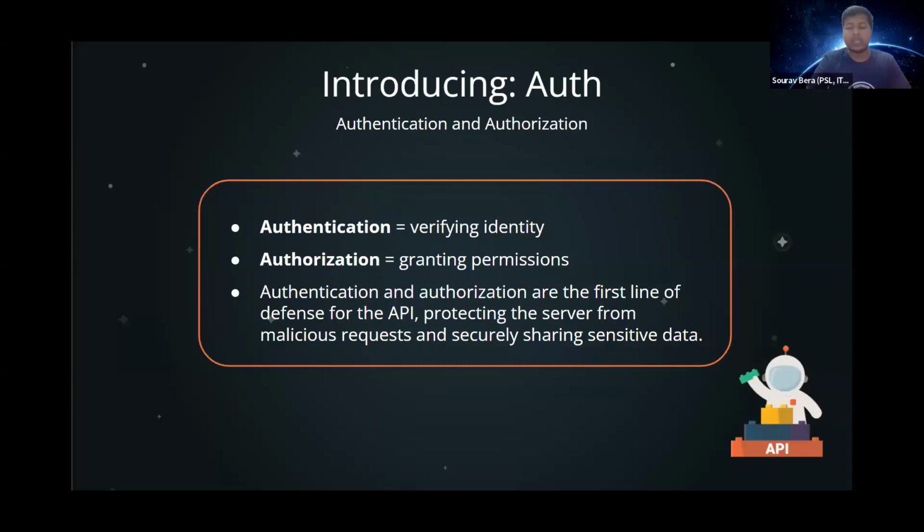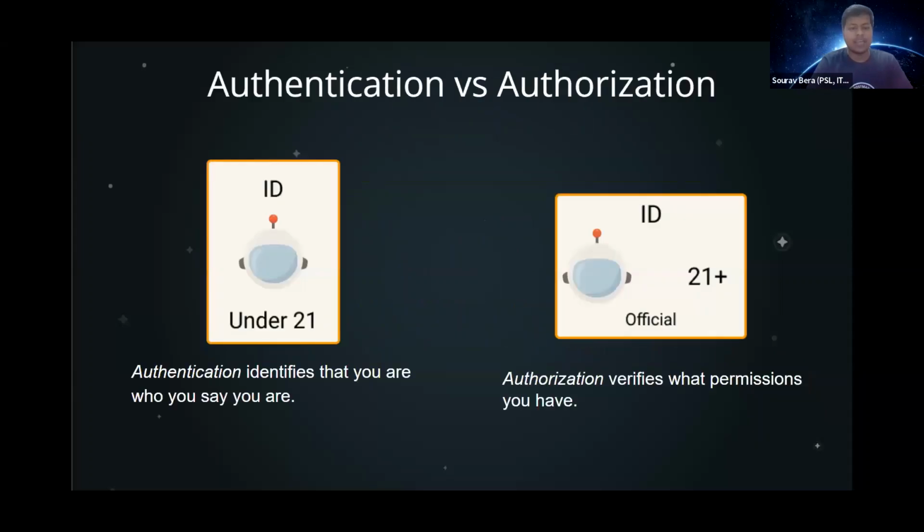We'll discuss it using an example of a real life student. When a student enters a college, maybe at the college gate, he or she is stopped and verified whether he's an affiliated student of that college or not. That is the authentication, verifying the identity that one claims.